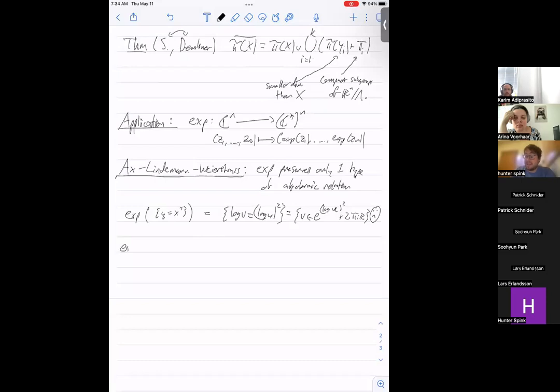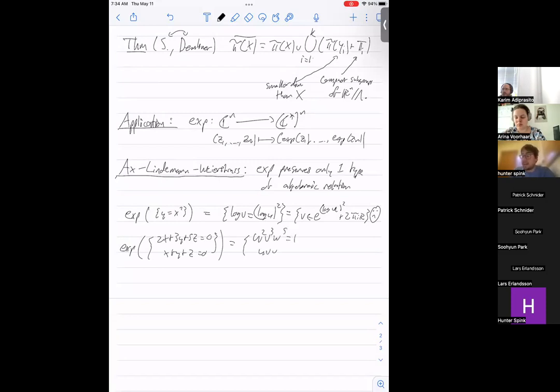On the other hand, exp does preserve some types of algebraicity. So if I have, for example, linear equations with integral coefficients, there's this very nice fact that log turns addition into multiplication.